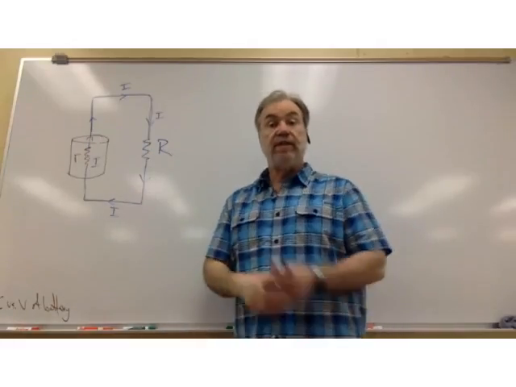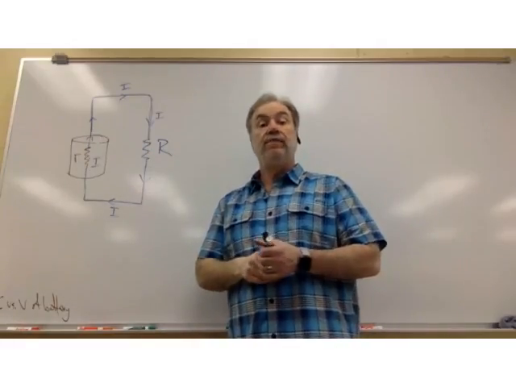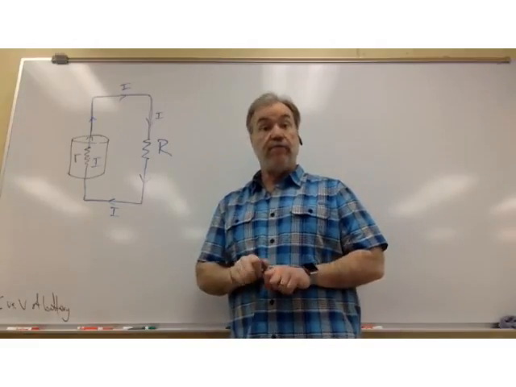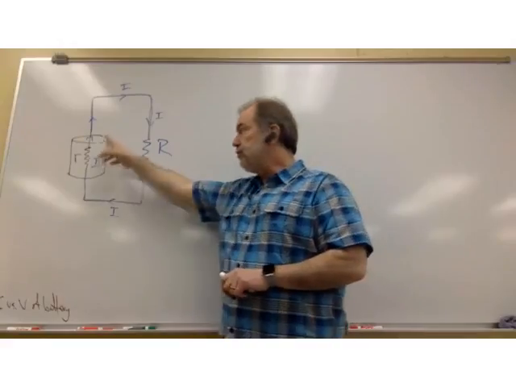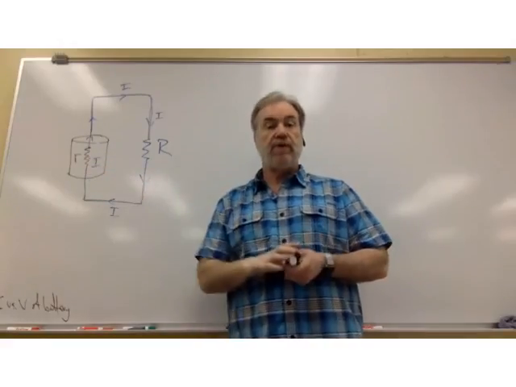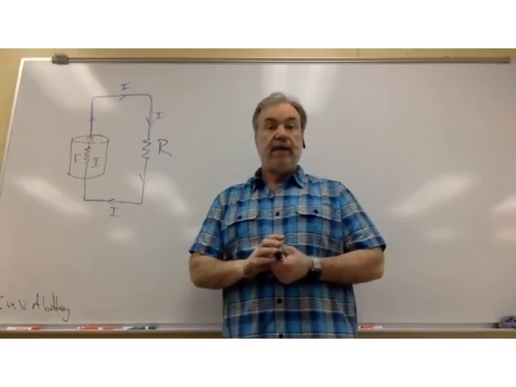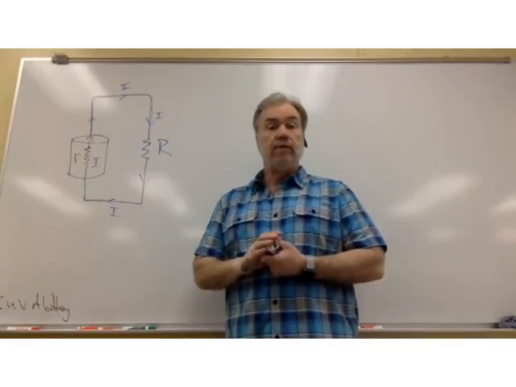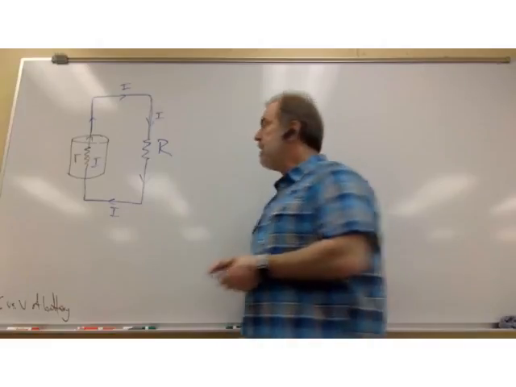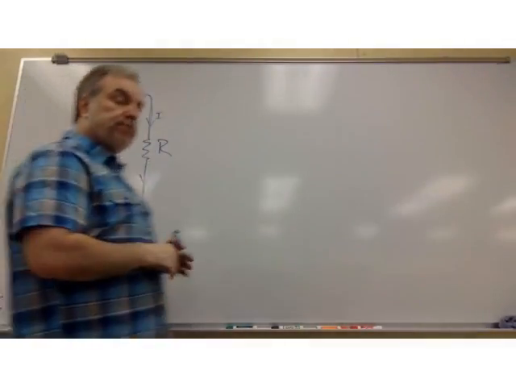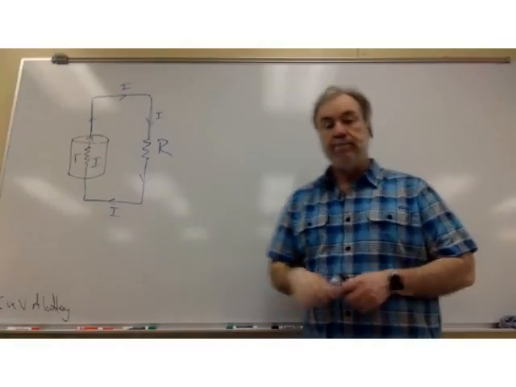What that tells you is that the EMF and the potential difference are very different from each other, which tells you the internal resistance is very high, which tells you you have a bad car battery, which tells you your bank account is about to get a $70 hole in its pocket. Okay? So that's the difference between potential difference and EMF.